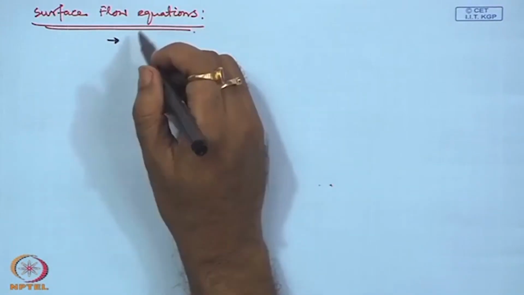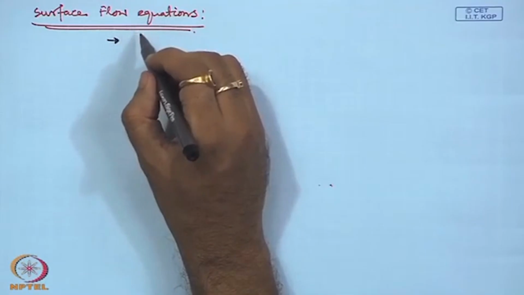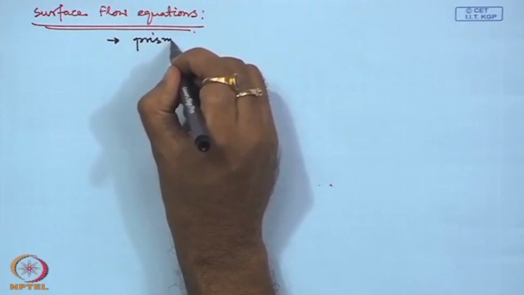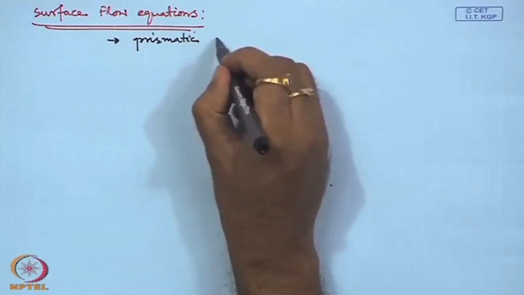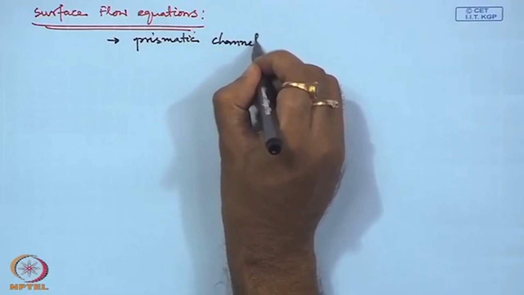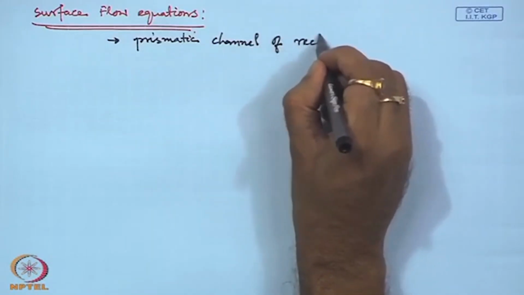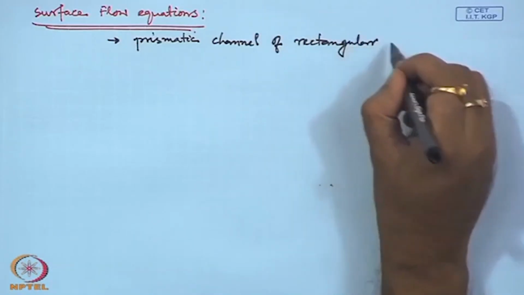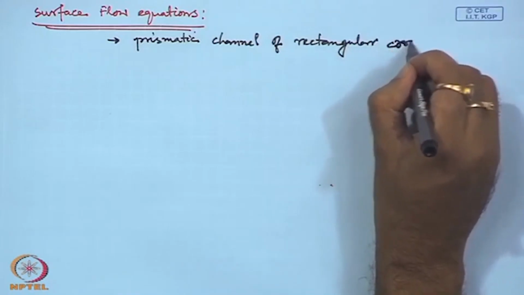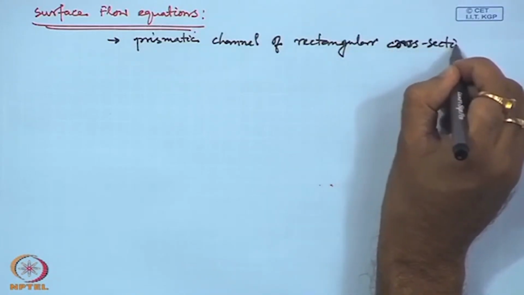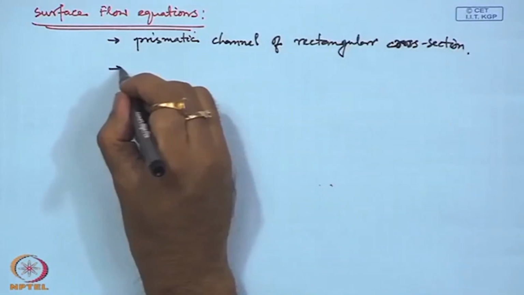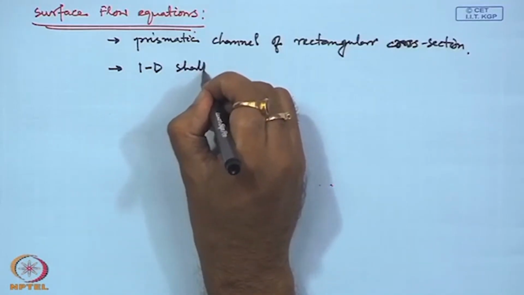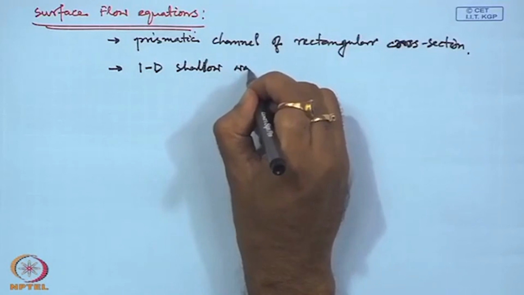First assumption is that the surface flow occurs in prismatic channel of rectangular cross section, and second, flow is 1D shallow water flow.